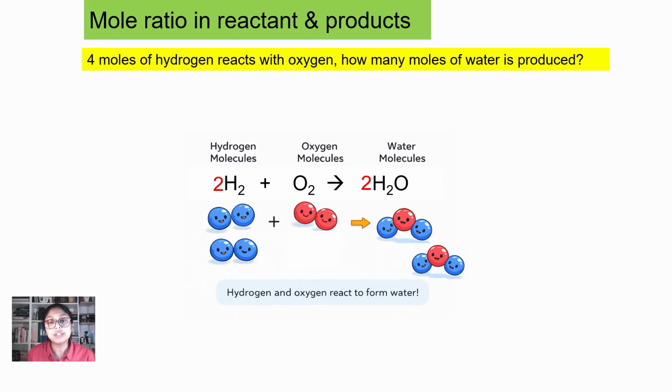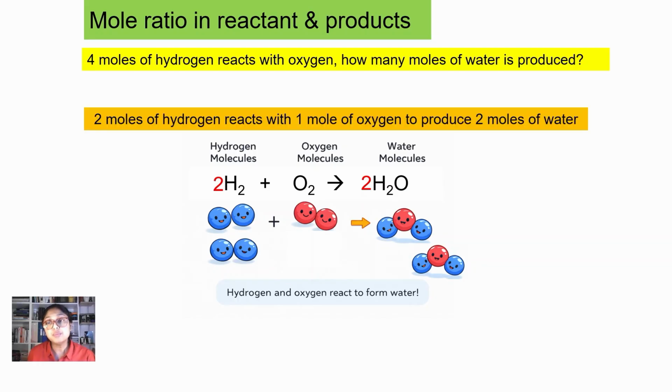From this equation, we can say 2 moles of hydrogen reacts with 1 mole of oxygen to produce 2 moles of water. So 4 moles of hydrogen is double of 2, isn't it? That means water produced is also double.